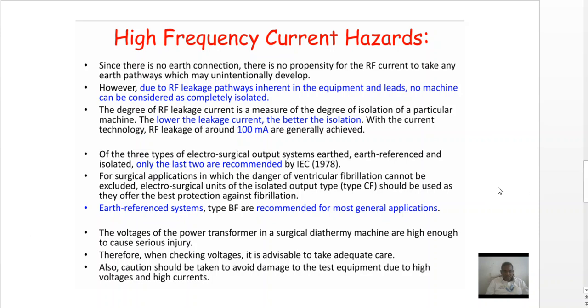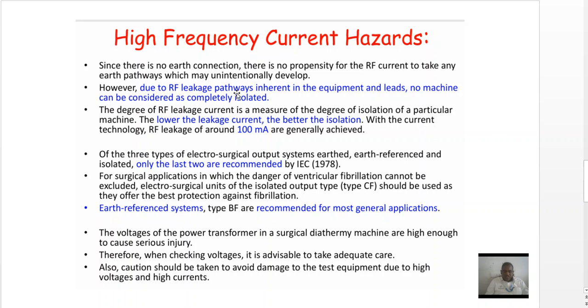Okay, next, high frequency current hazard. In continuation with the high frequency current hazard, since there is no earth connection, there is no propensity for the RF current to take any earth pathways which may unintentionally develop. However, due to RF leakage pathways inherent in the equipment and the leads, no machine can be considered as completely isolated. This is the important point.